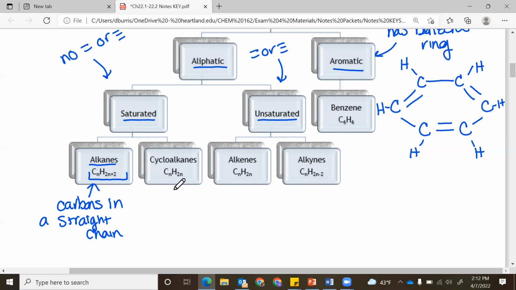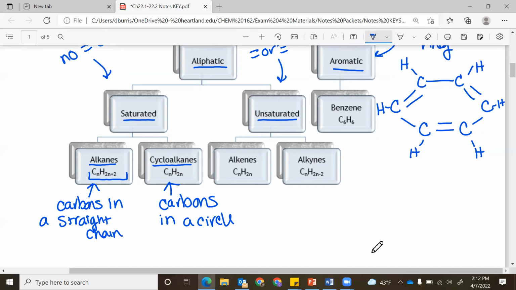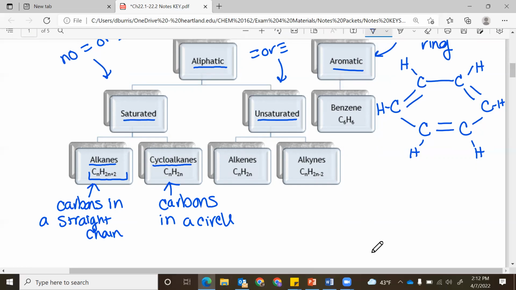Now they can also be organized in a ring or a cyclic structure, and those are called cycloalkanes. These are when your carbons are in a circle. Kind of like benzene, except over here, remember, we're under saturated, so there are no double bonds.